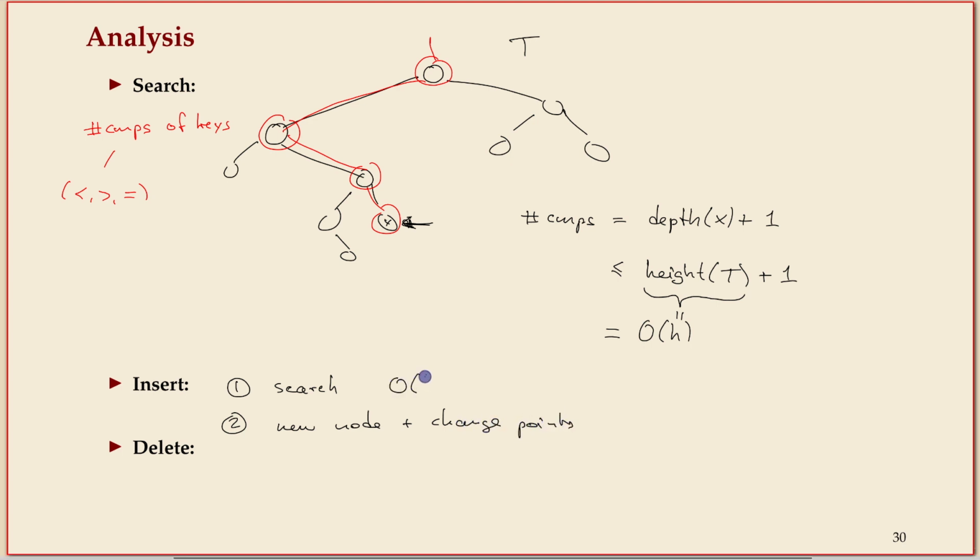So we already argued that this is at most the height. And the second part is constant time, with our assumption that the memory management is able to do that. But changing the pointers takes constant time on a RAM machine.